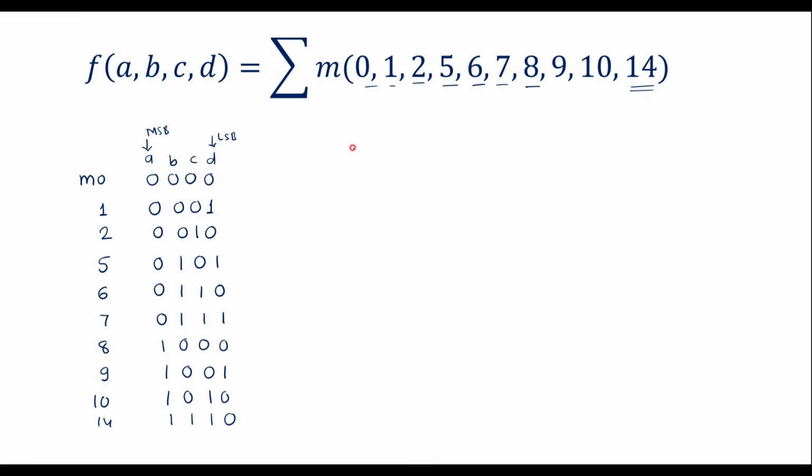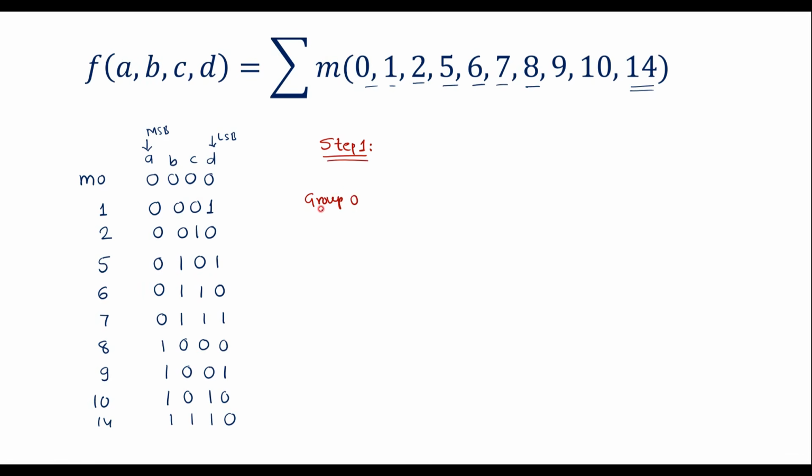In the Quine-McCluskey method, in the first step, I will represent these numbers in different groups. I will make the groups depending on the number of ones present in a particular number. First I will consider group 0.